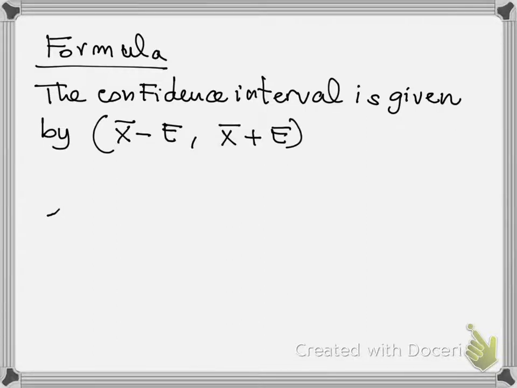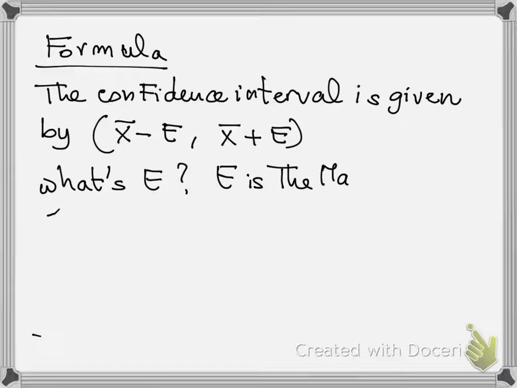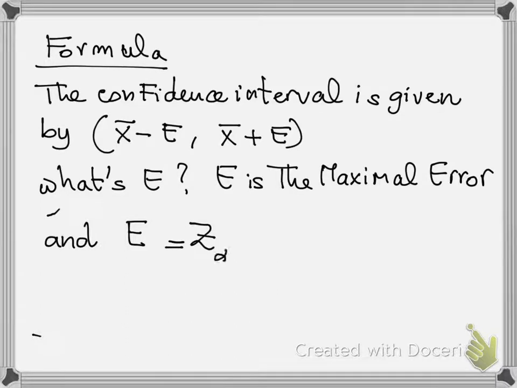So what's E? Well, E is called the maximal marginal error, and E is equal to the z score sub alpha times sigma over square root of n.